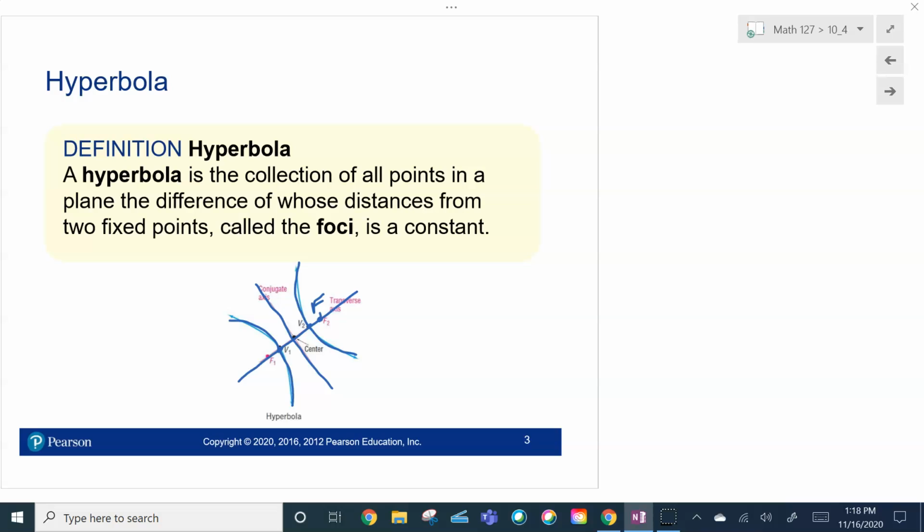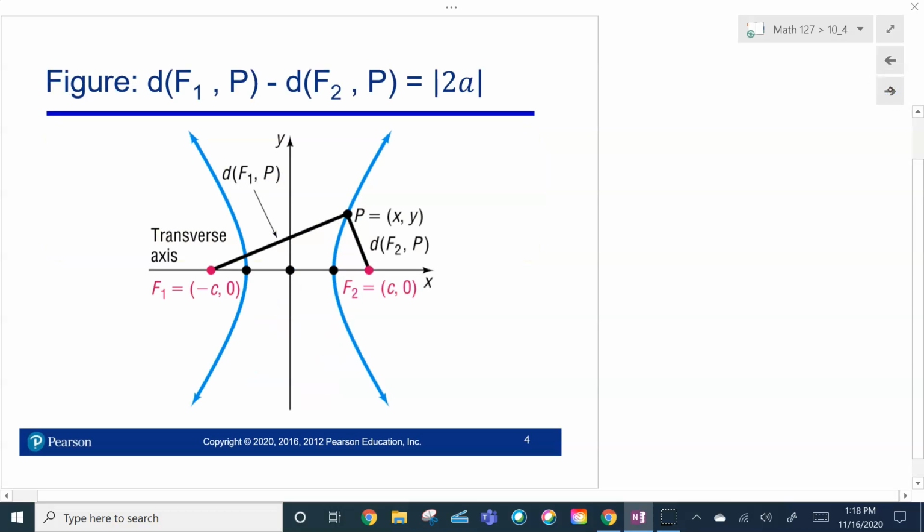Now, the definition of a hyperbola is a collection of all points whose difference of distances from the two fixed points called the foci is a constant. So here's a look at that. Let's take this point x, y that's on the hyperbola. This distance from F1 to P minus this distance from F2 to P is a fixed constant.